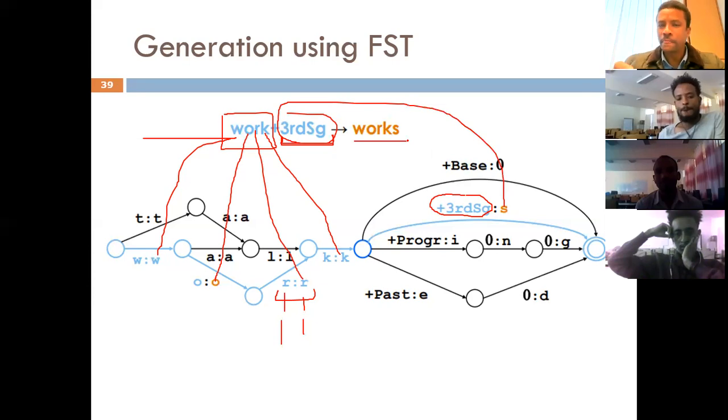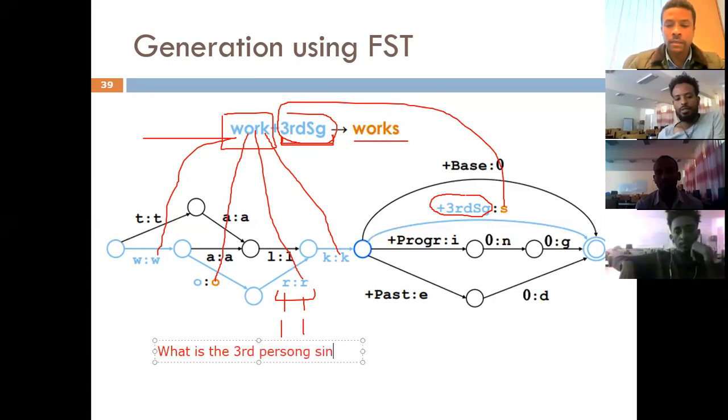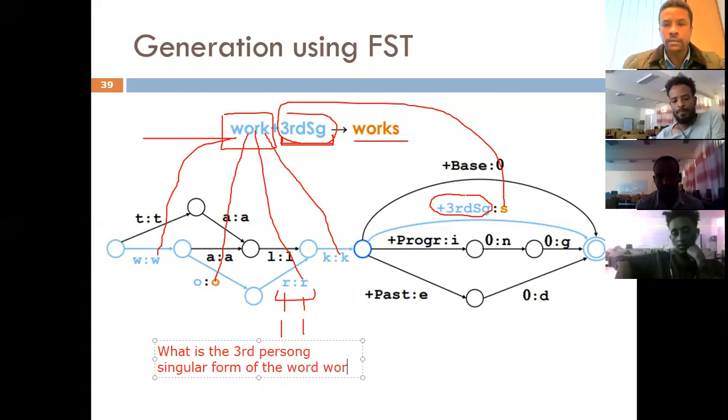So what does it mean? Literally, if you have to write it down, this means what is the third person form of the word work. This is a question that we are asking.